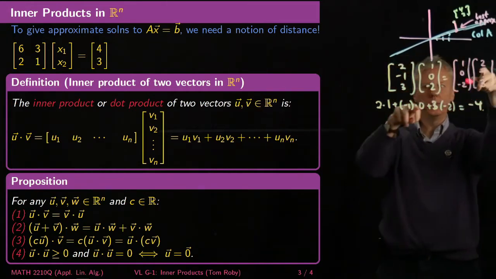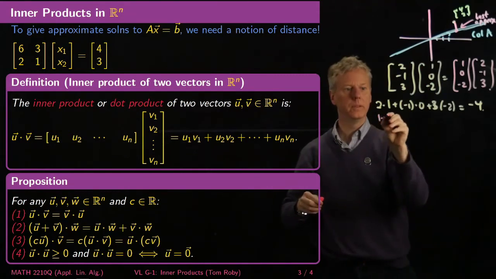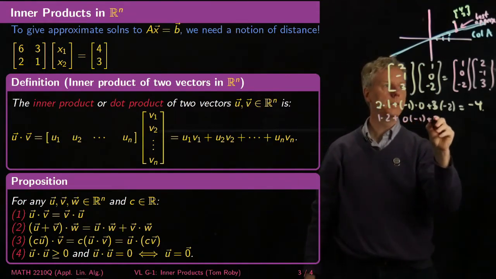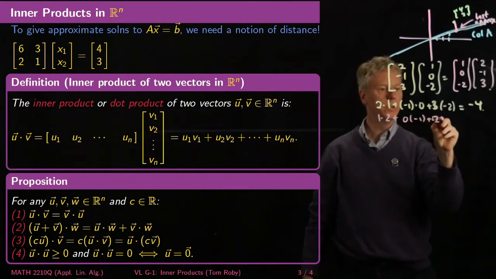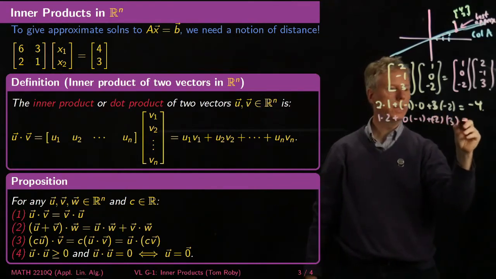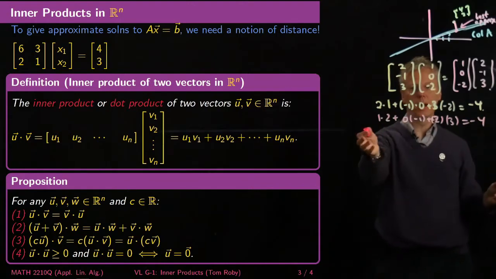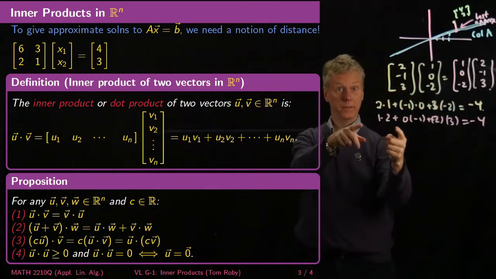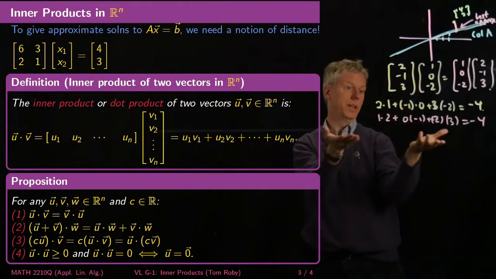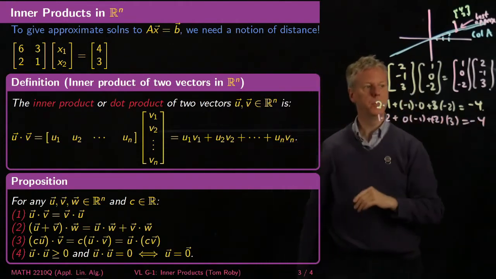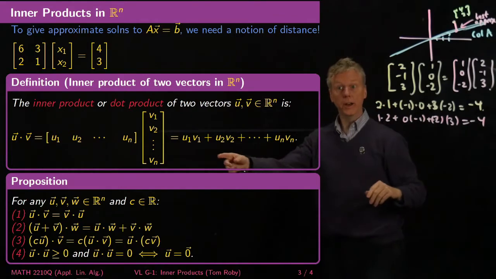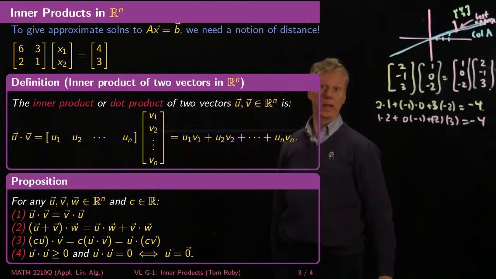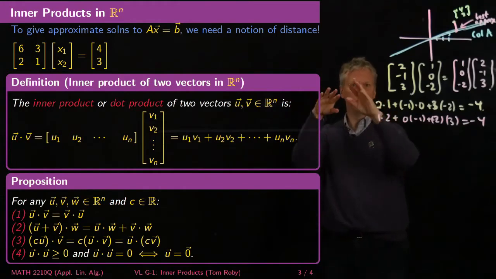Well, then I would have had 1 times 2 plus 0 times minus 1 plus minus 2 times 3, and that would have still been minus 4, right? Because it doesn't matter which order, it's commutative on each of the individual numbers, and then the addition is happening the same way. So it's clear that this inner product satisfies u dot v equals v dot u.